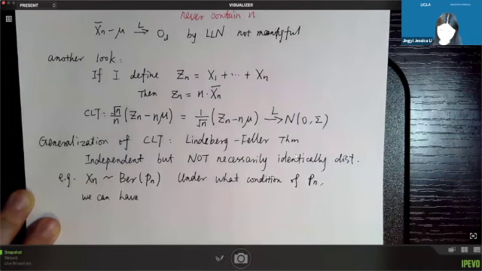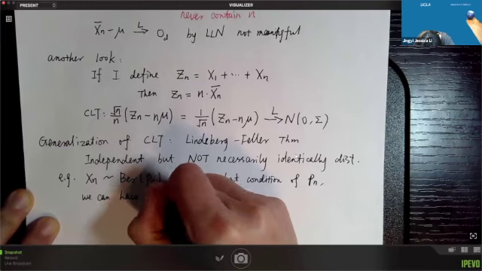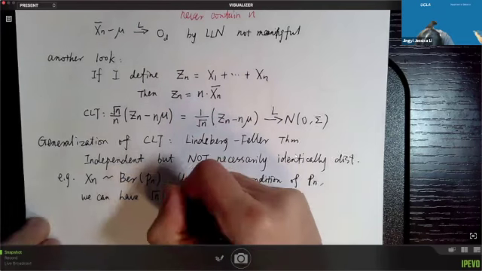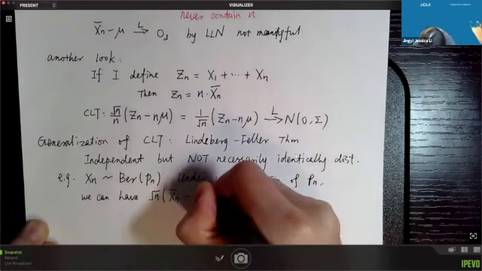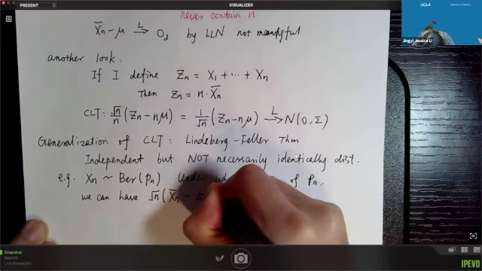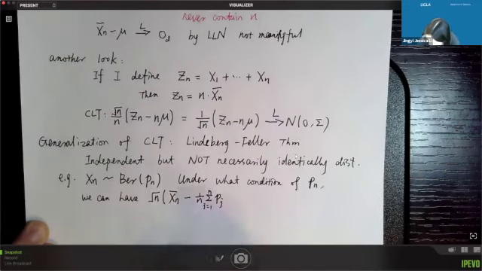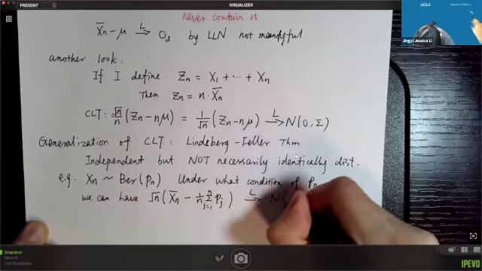In other words, we want to know under what condition of this Pn we can have this root n times Xn bar minus the summation of pj, j from 1 to n, the average probability of the first n tosses, converge in law to some normal distribution.